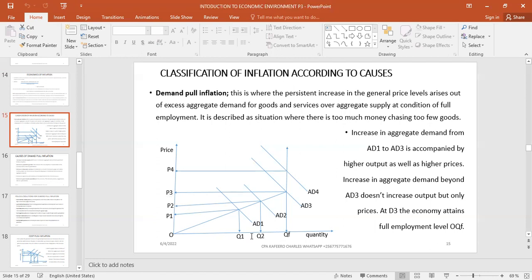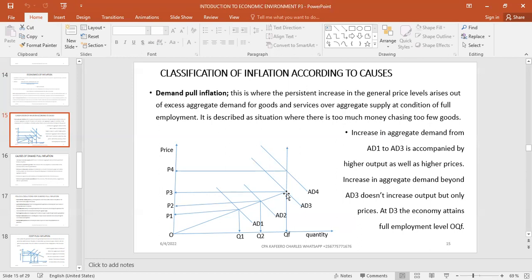So at this point, we expect that the economy is going to attain full employment. All the resources are going to be used up, or everything is supposed to be at the maximum.